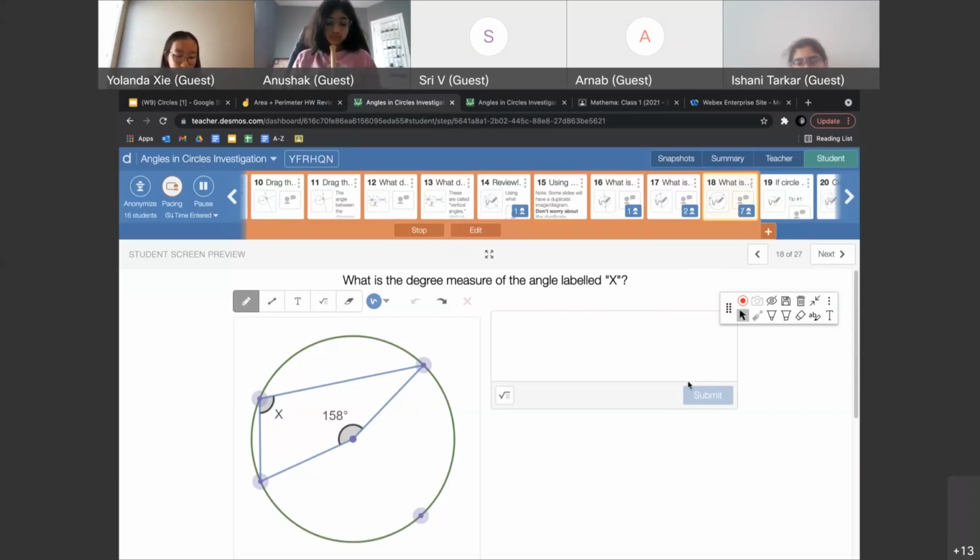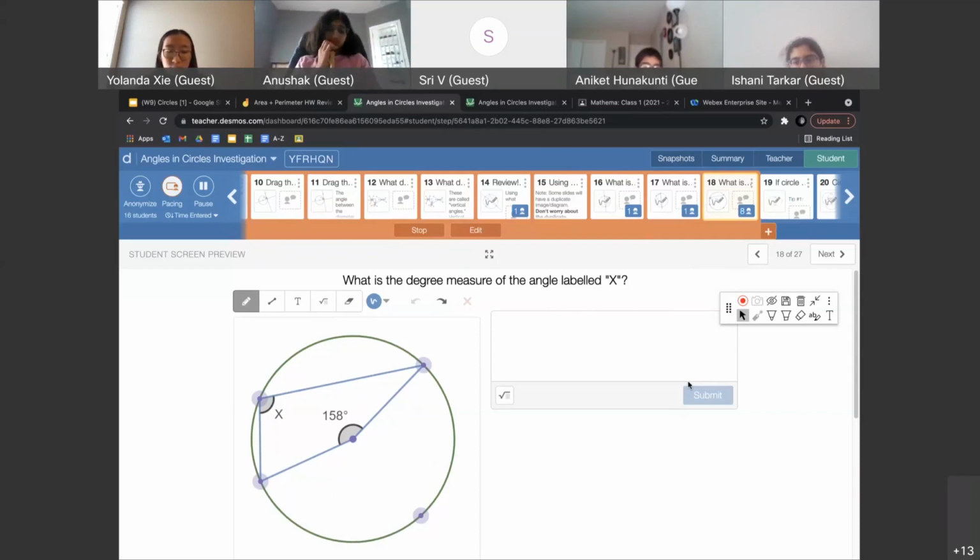I got 22 as well. Same. I kind of jumped ahead because I was done with the other one. I got 22.